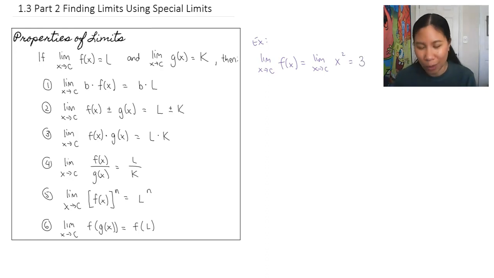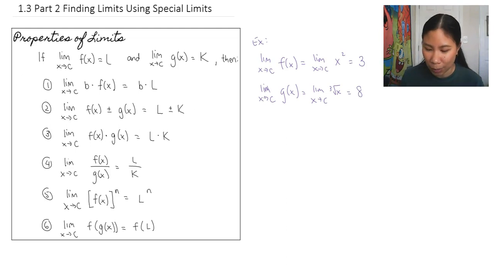I'm just making up numbers here. And then let's pretend we have another function, the limit as x approaches c of g of x, where g of x is the cube root of x or something, and let's pretend that limit is 8. Again, just making up numbers.